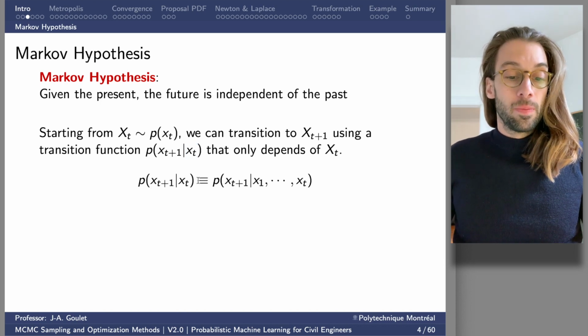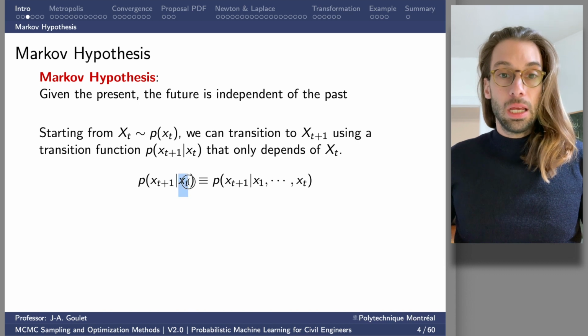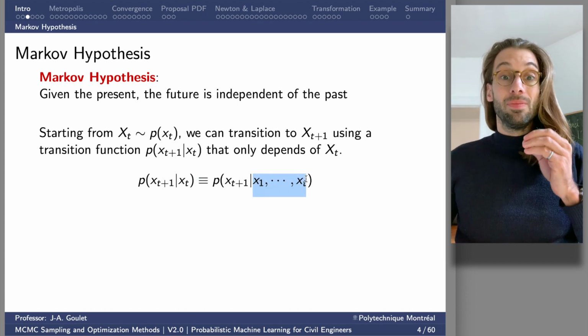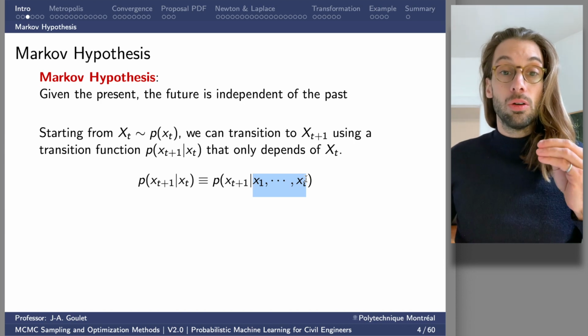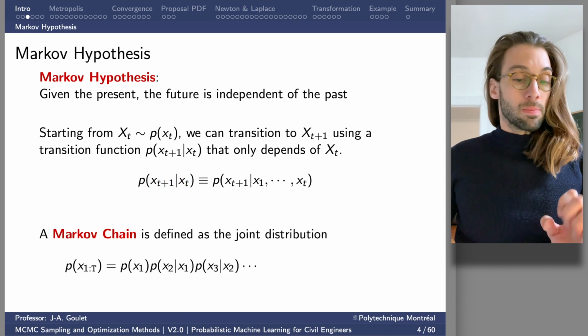So the conditional probability that depends only on x t is equivalent to the conditional probability that would depend on all the previous positions I've seen in the past. This is key because it greatly reduces the complexity of defining that transition model.